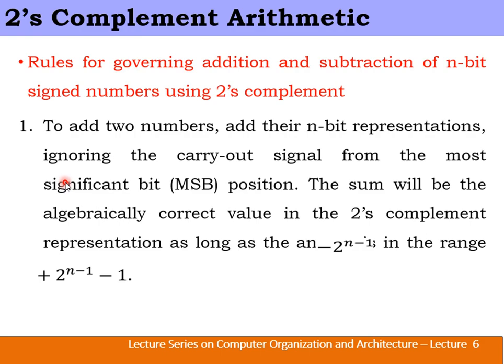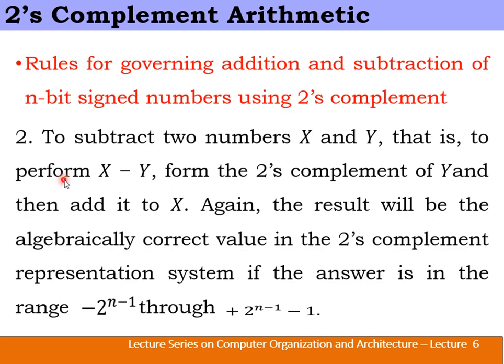for performing an addition operation. So similarly, what is the rule for performing a subtraction operation when we are using 2's complement system? Suppose I want to perform subtraction operation with the help of 2's complement system.